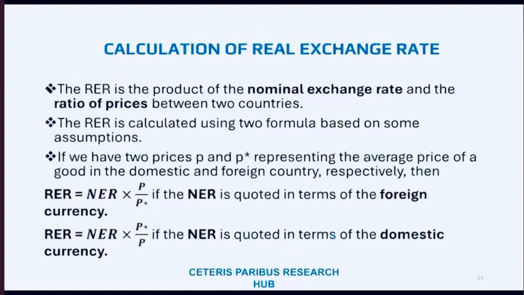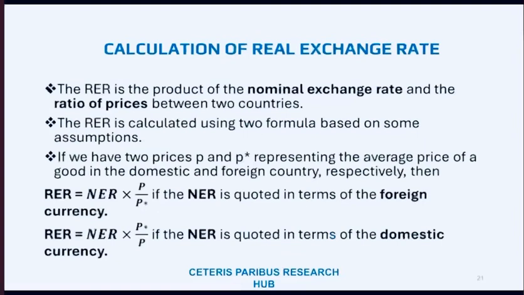However, the second formula states that it is the nominal exchange rate times P star over P. This holds if the domestic currency is serving as the quoted currency. So, if we flip the table, then now we have one Guinean franc equivalent to 100 leones.